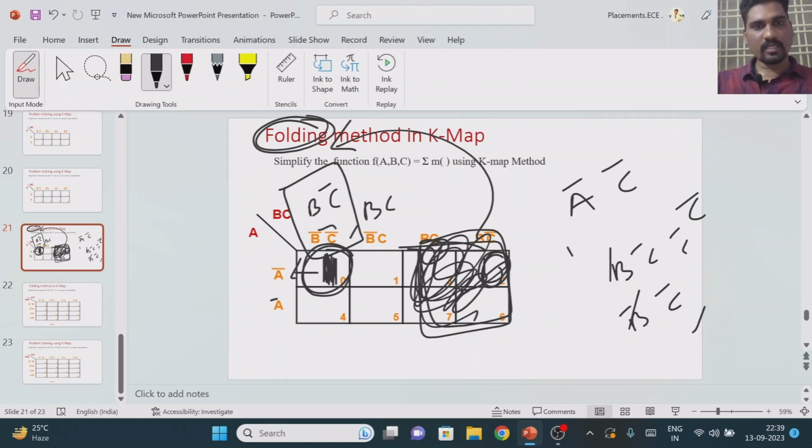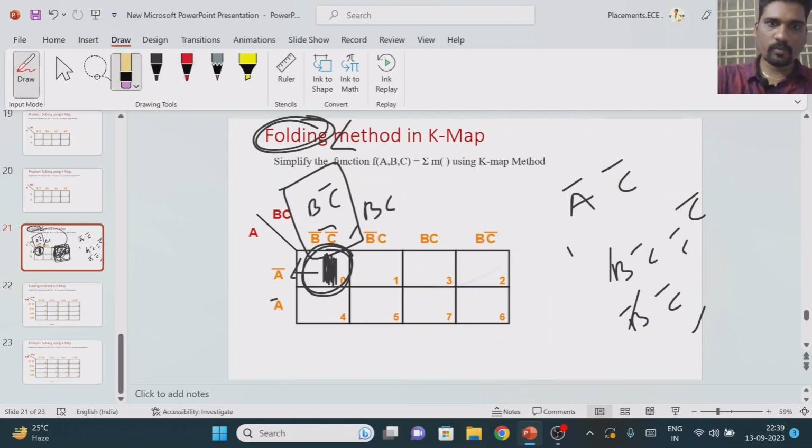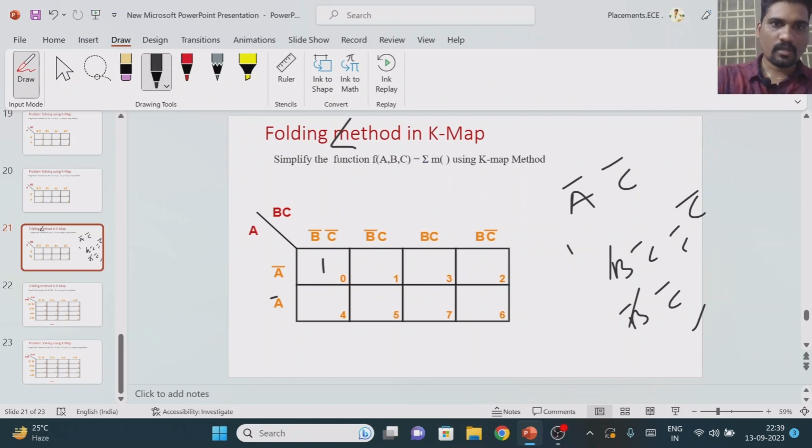In the earlier case, before starting the problem, how many product terms did we get? Three product terms. Now how many product terms do we get? Only two. Why two? The question is something like this: 1 1 1 1. This is one product term, right? Before knowing the right folding method we did it like this. After knowing the folding method, we do it like this.